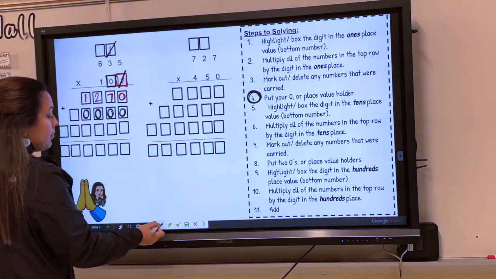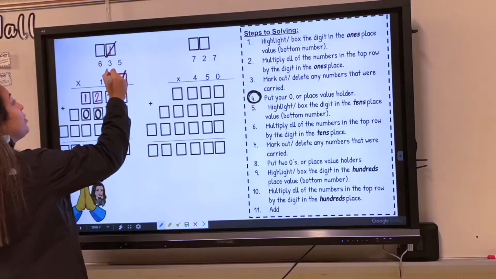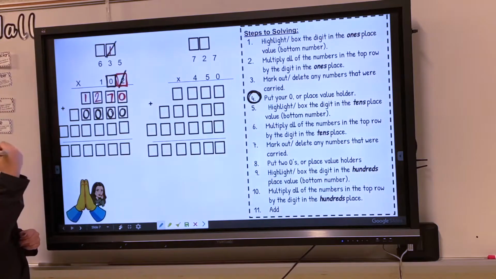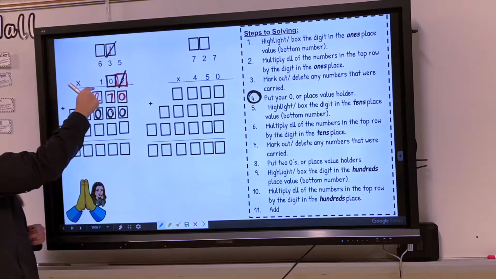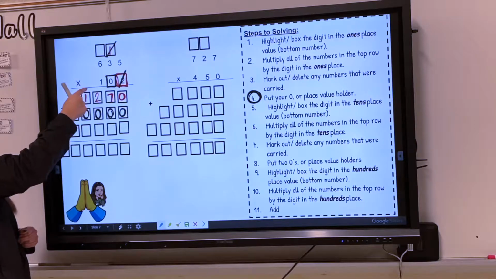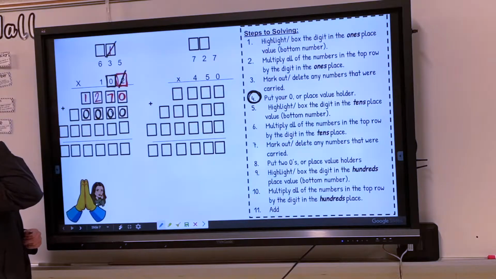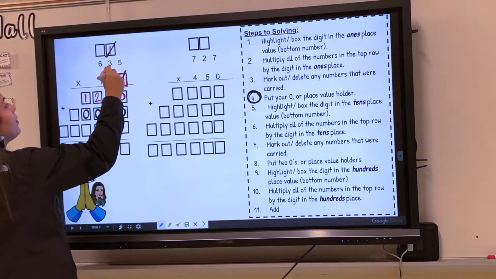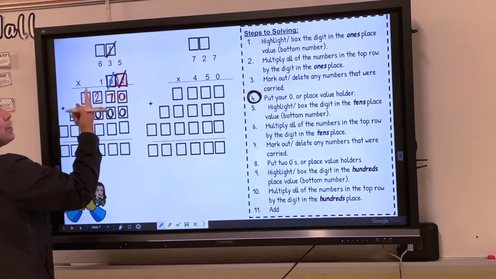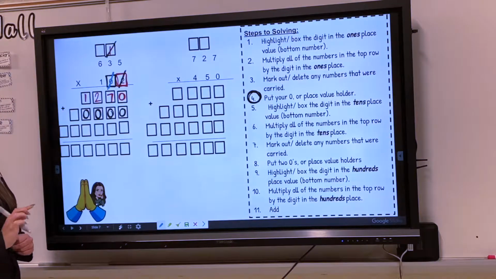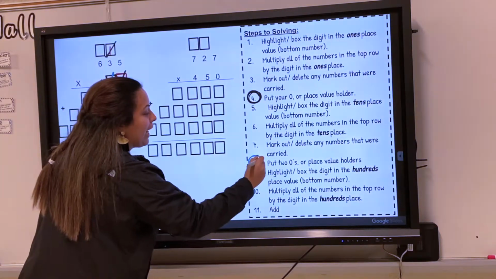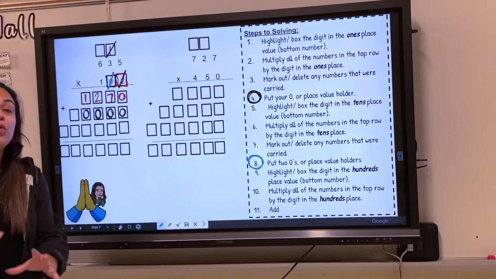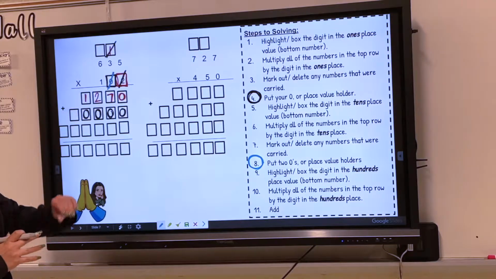Now, as you can see, we're still not done with the rest of the problem because I still have another number in another place value. So I'm going to mark out the numbers I don't need, and in this case, it's the 0, so I don't want to multiply by it again. And now, if we look at step number 8, this is where the new extra step comes in.